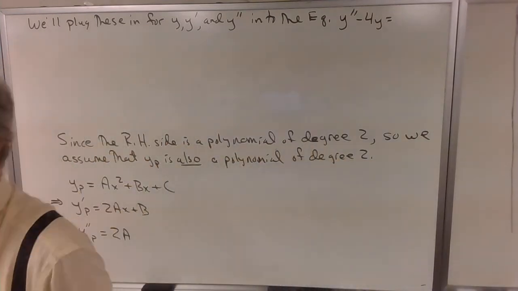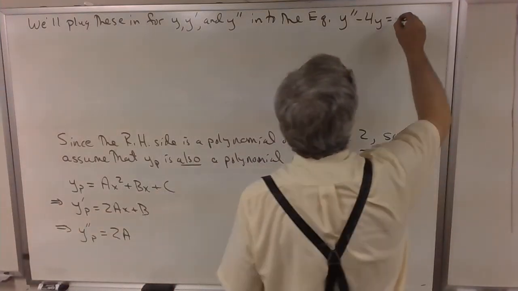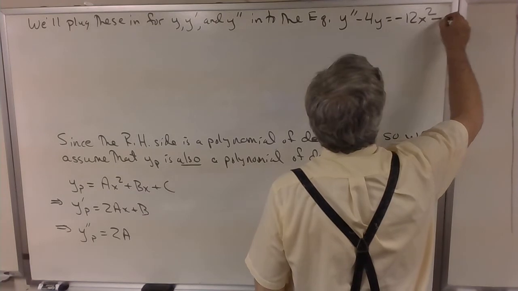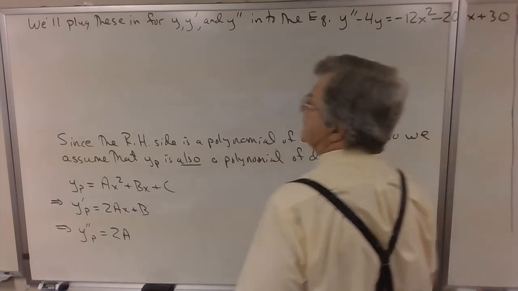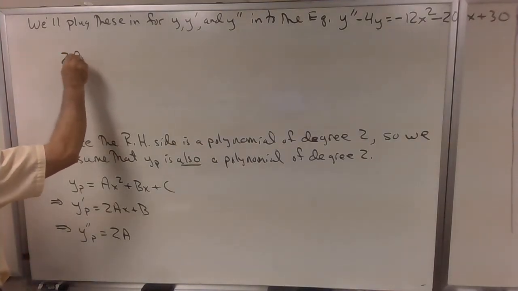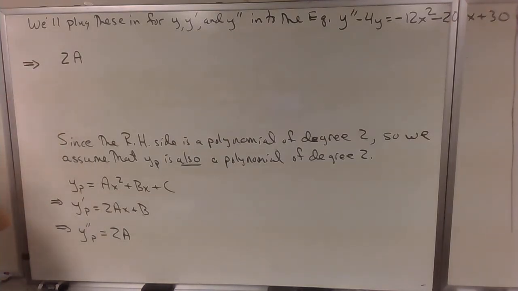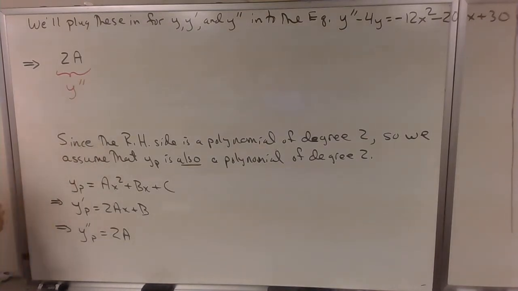Holy moly, what was that polynomial? Negative 12x squared minus 20x plus 30. Okay. So we have y double prime minus 4y.